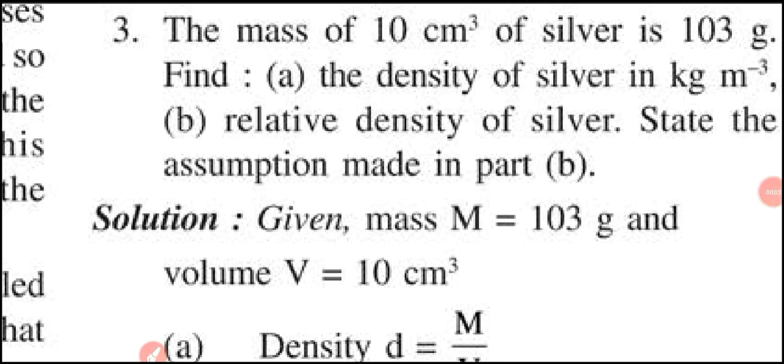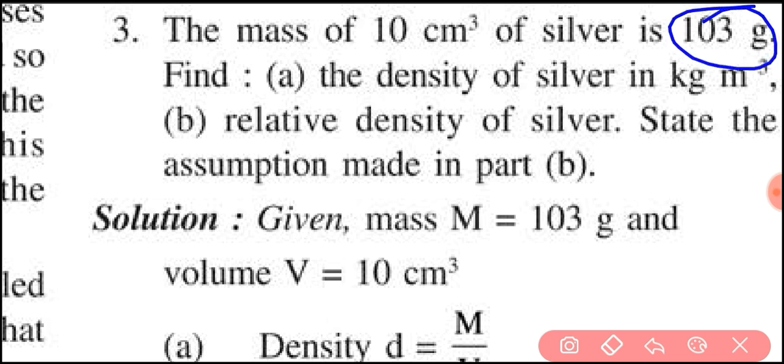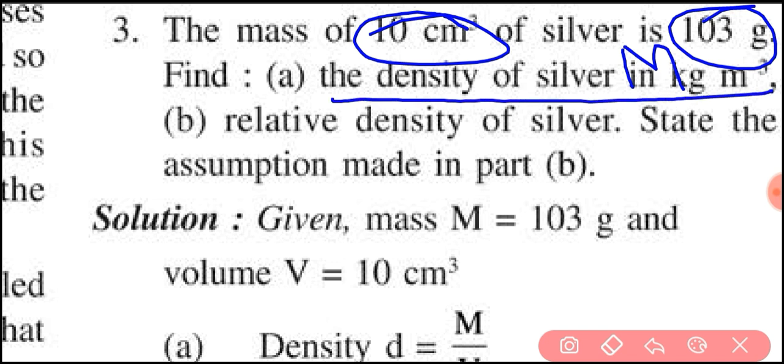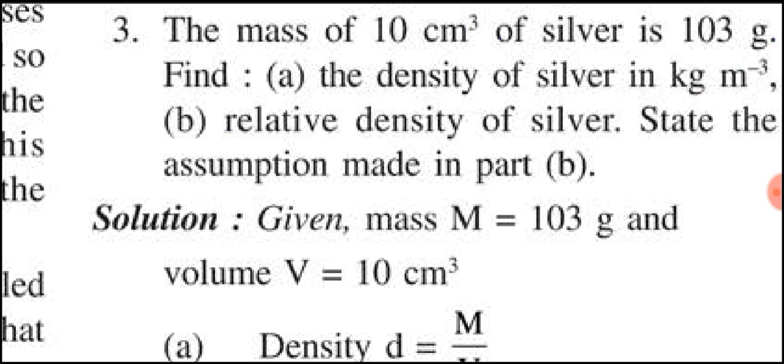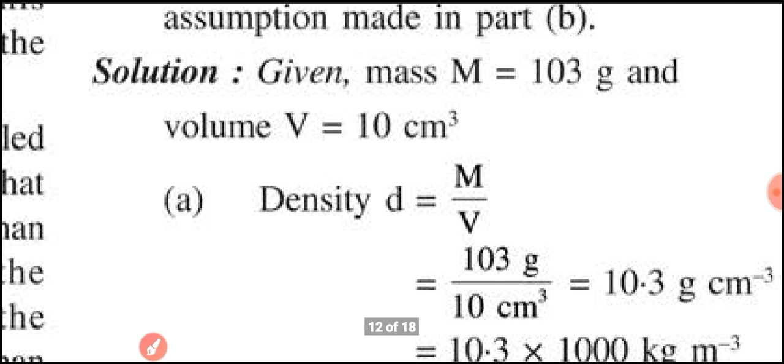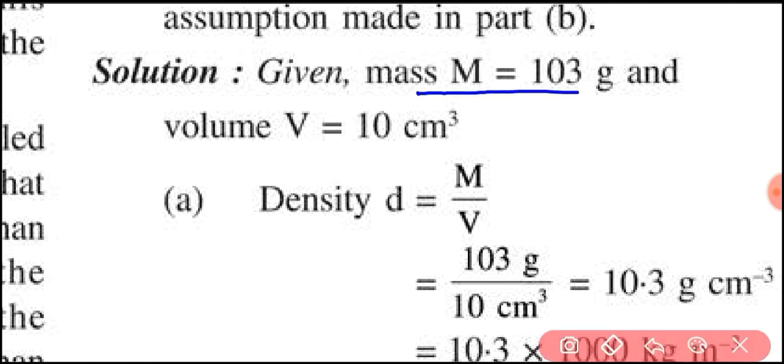Okay students, now our third question. The mass of 10 centimeter cube of silver is 103 gram. So mass is given, that is 103 gram. Volume is given, that is 10 centimeter cube. What we have to find out is the density of silver in kilogram per meter cube and the relative density of silver. So here it is given M is equal to 103 gram, volume is equal to 10 centimeter cube.